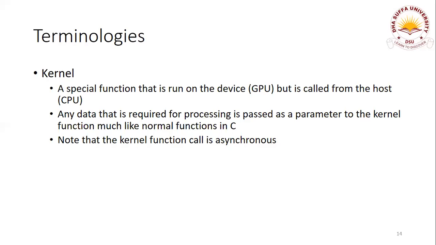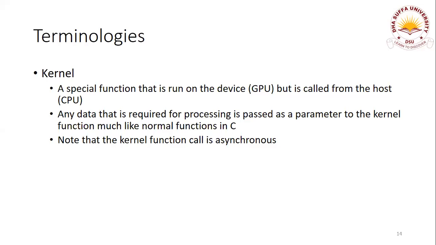Host is your central processing unit, right? It is going to process the host part, and whenever there is a kernel function call, from there the control is delegated to the kernel function, right? We are going to see a program, and then this whole thing is going to make sense for you all. But for the time being, we are just introducing the terminologies.